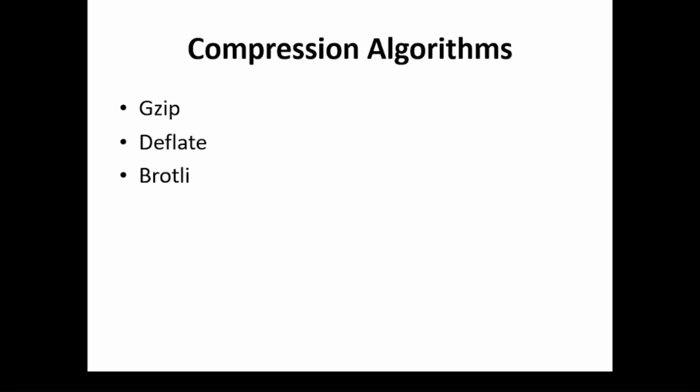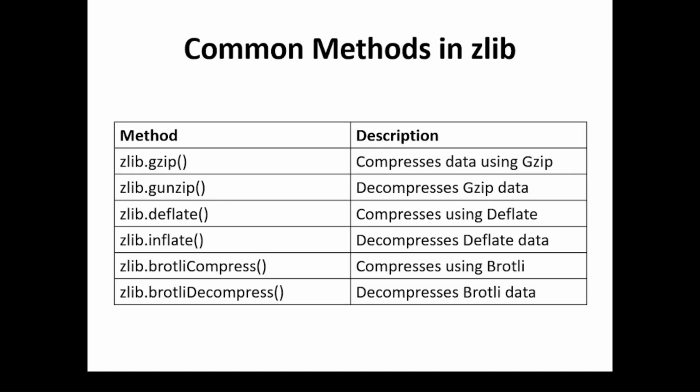You can refer to all these compression formats as algorithms. We don't have to know about their internal working. We have certain built-in methods that will help us in compression and decompression. Corresponding to Gzip, you have Gzip and Gunzip, which compress and decompress the data respectively.